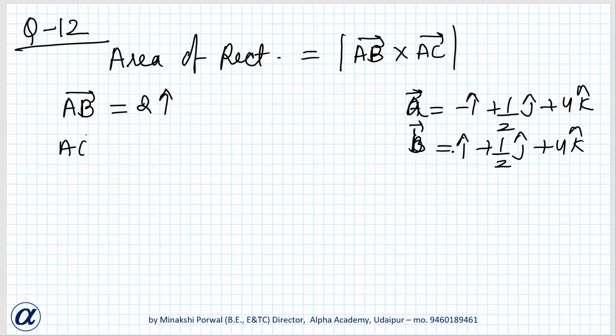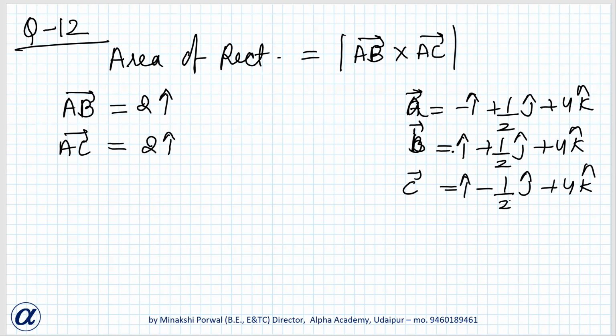AC, C is actually i minus 1 by 2 j plus 4k. So AC is 2i, and minus 1 by 2 minus 1 by 2, that is equal to minus j, and 4k will cancel.